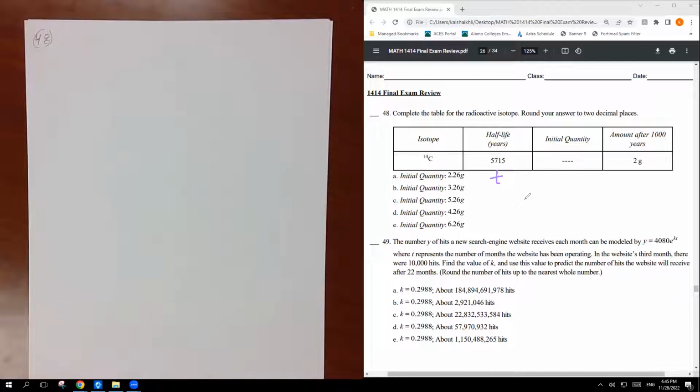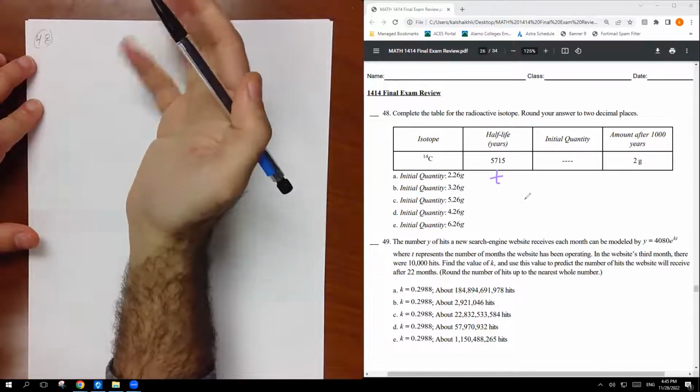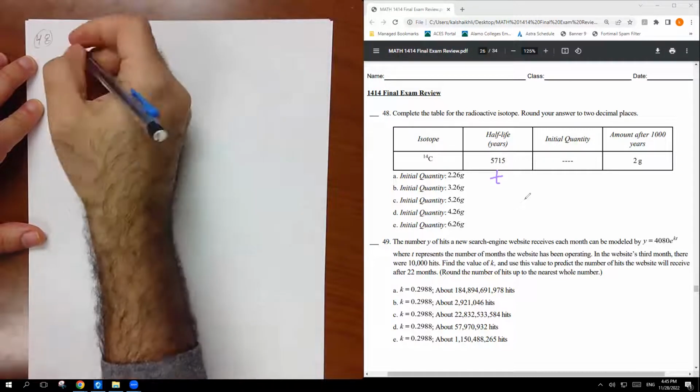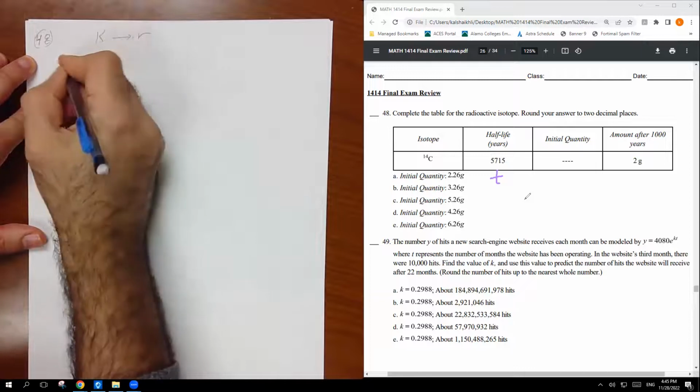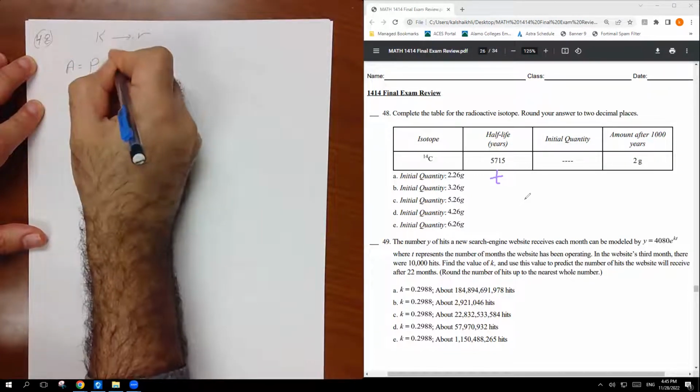We're going to use the formula A equals P e^(kt), P as the initial, because this is not a rate, it's growth and decay. So we're going to use k instead of r. That means A equals P e^(kt).